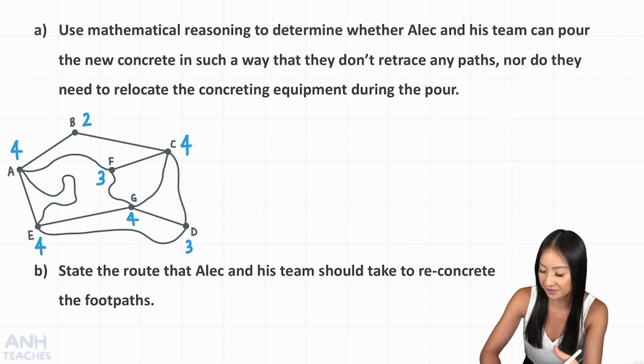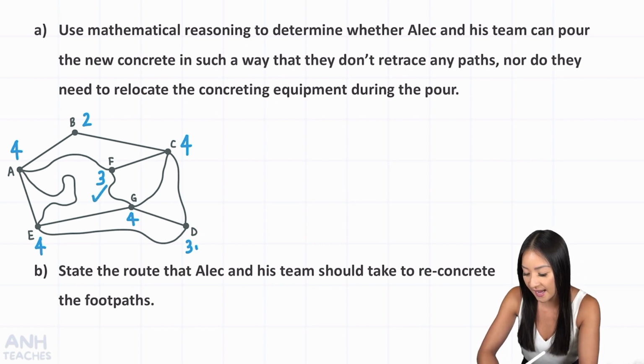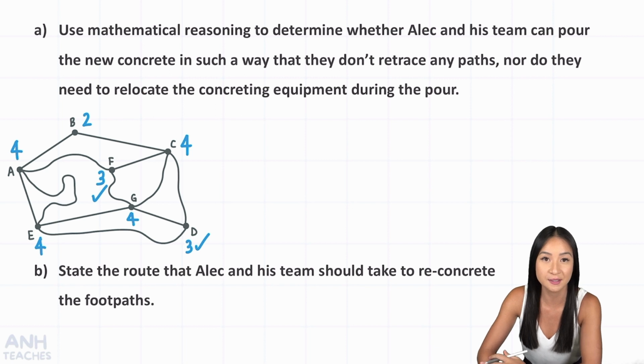Now, when I look at all of these vertices, I can see that there are exactly 2 odd vertices, which indicates to me that this graph is semi-Eulerian.